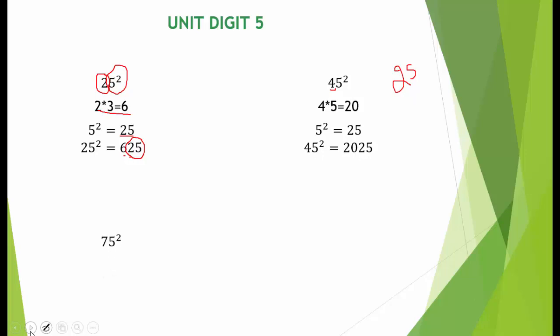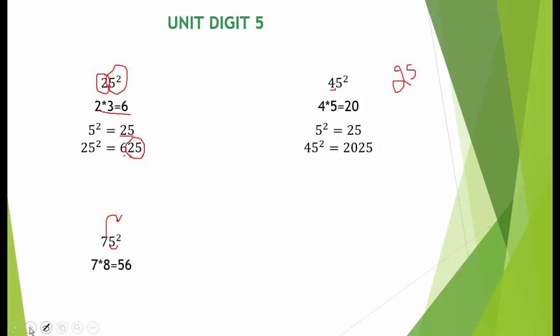Now 75. In 75, 5 5s are 25, and 7 into 8, because 8 is the next digit after 7. So 7 into 8 is 56, 56 25.